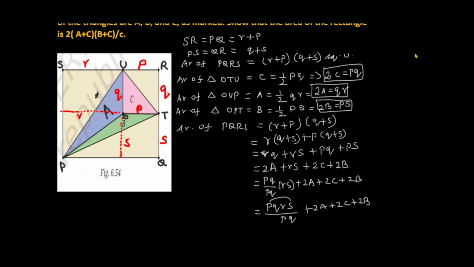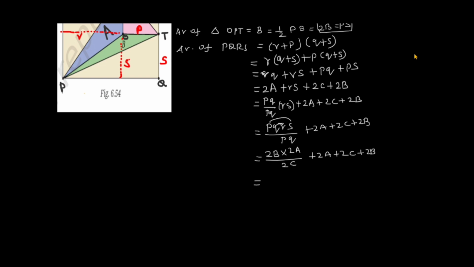Combine PS, we are having 2B, and QR, we are having 2A. So instead of PS, we can replace 2B, and instead of QR, we can replace 2A, divided by PQ, we can replace 2C, plus 2A plus 2C plus 2B as it is without any change.